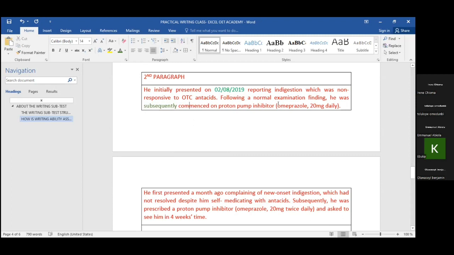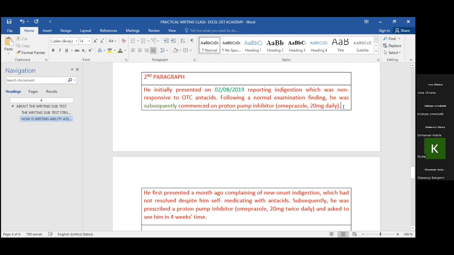And I wrote the medication. Okay. So now look at the way I wrote medications. Please, writing your medications in OET writing is very important. Don't worry, we'll soon be concluding. So, because I wrote omeprazole, comma, are you seeing it? 20 milligram daily. Can we see it? Omeprazole, comma, 20 milligram daily.